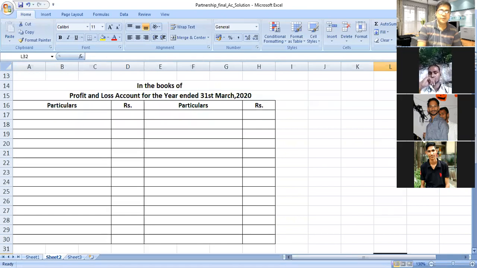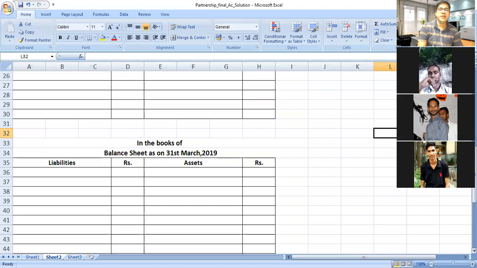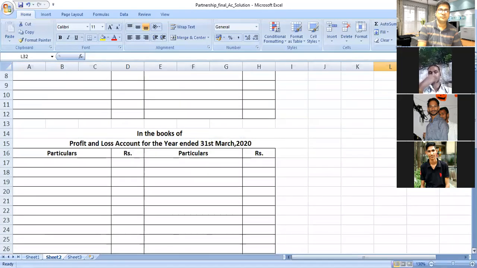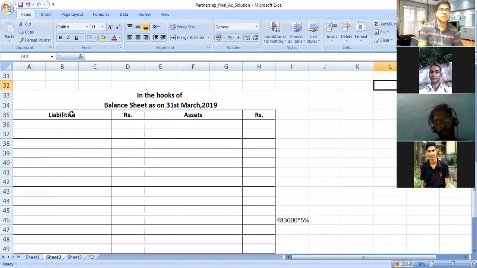Then we will prepare the balance sheet. One whole page for the trading and profit and loss account items, and the second whole page for the balance sheet, liability side and asset side.